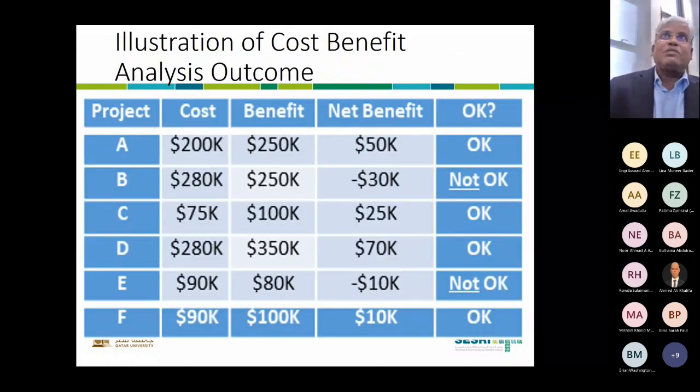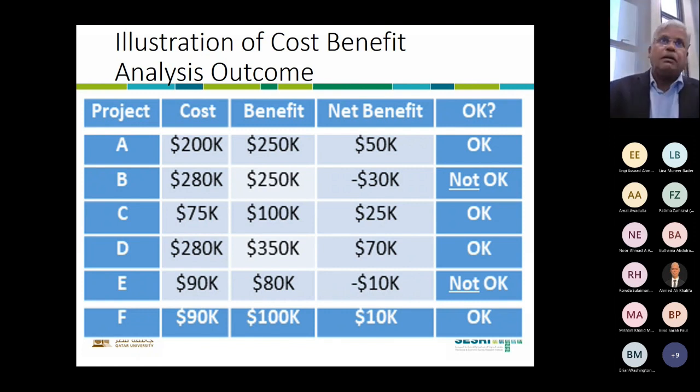So this is an illustration of cost benefit analysis. It's just an illustration, nothing specific. Suppose in government public policy or in an organizational policy, there are projects A, B, C, D, E, F, each with an investment cost. This is again illustrative, and many times in big government public policy, the investment is in billions of dollars, not 200K or 280K or 75K.